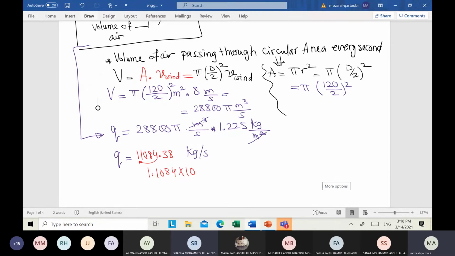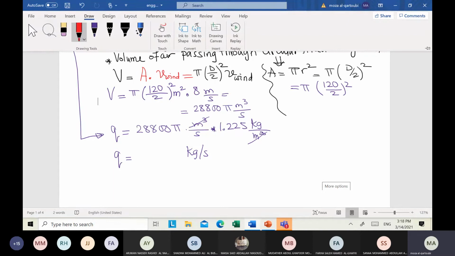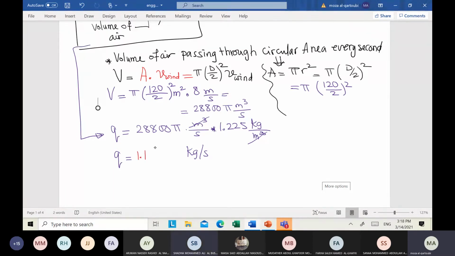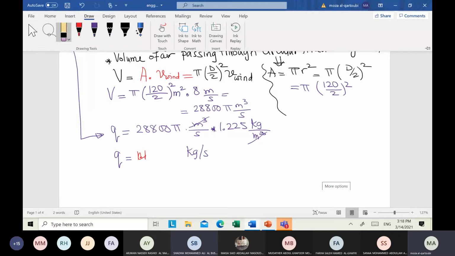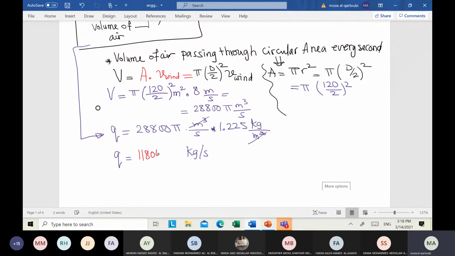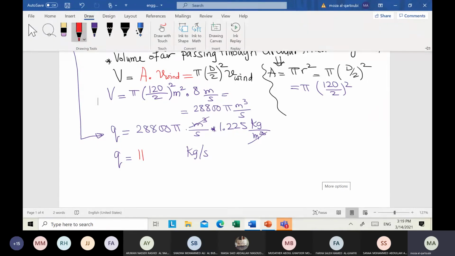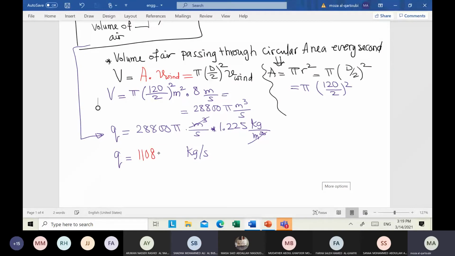So I will repeat the final answer now: 1.1, point, or if you want it without the point, 11, 08, so it should be the same. 0 before 8, then 08, 0835, so 0.38.